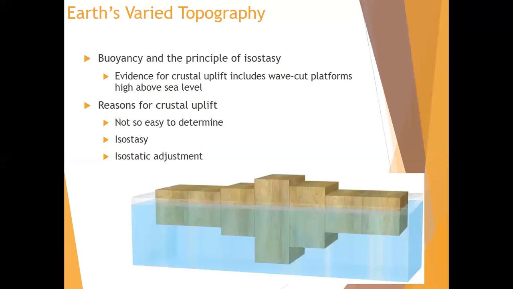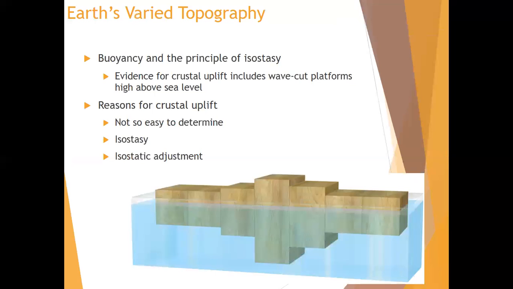When it is changed, you get an isostatic adjustment. So when you remove weight, the crust is going to have to uplift to continue to float. When you put more on the crust, it is going to actually sink because it's dealing with more weight. So there has to be a gravitational balance, and that's going to deal with how high or low your crust is floating.